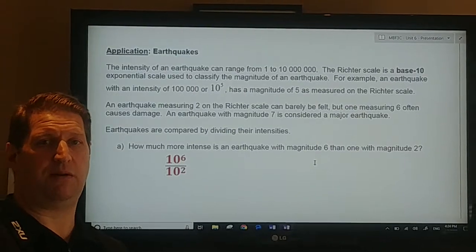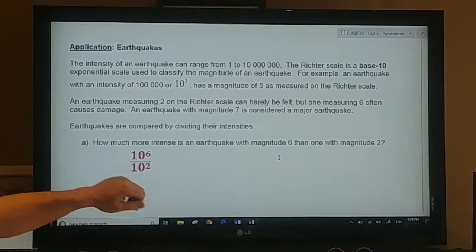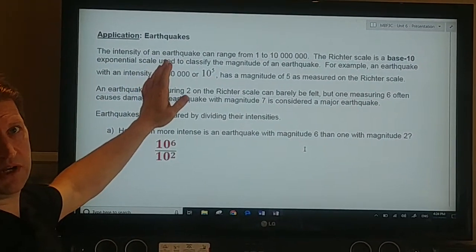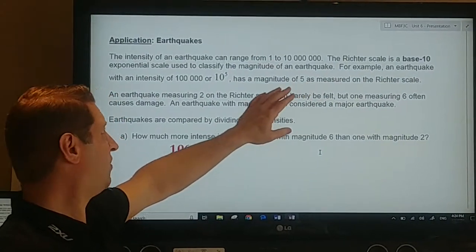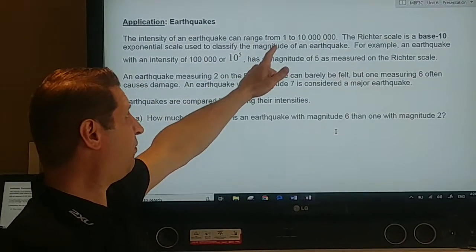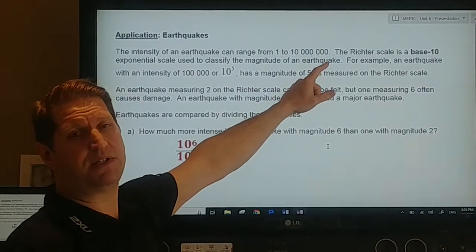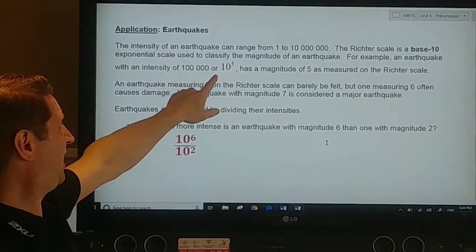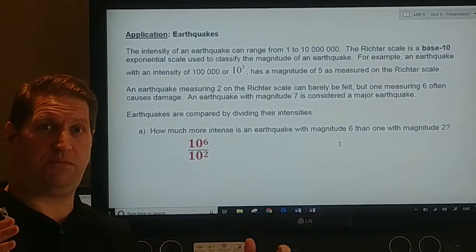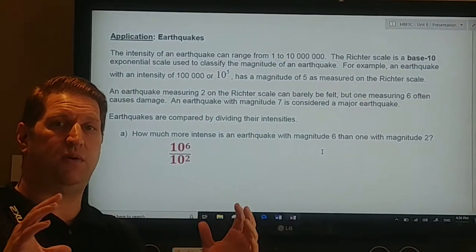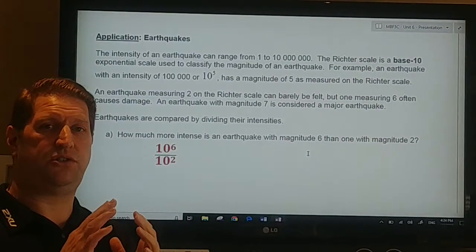So I have a simple example of where we might see this. Earthquake intensities, otherwise known as the Richter scale, is a base 10 system. So rather than write out numbers between 1 to 10 million, it's much easier to just write everything as a base 10 symbol. And rather than deal with the jumbo numbers, we're going to deal with smaller numbers that are easier to work with.